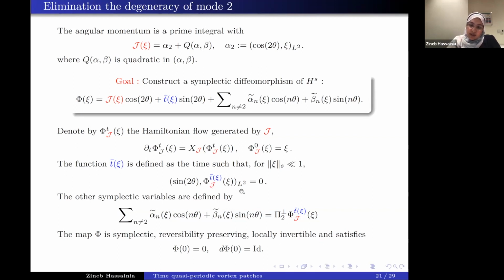So it's the unique local solution of this equation. And the other variables are the projection on the subspace supplemented to the mode 2. This construction is only local, but this is sufficient for our purpose.